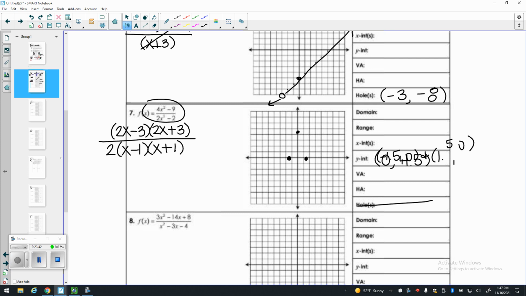Now you have x minus 1 equals 0. When I have x minus 1 equals 0, I would add 1. So I have a vertical asymptote at x equals 1. And then I have x plus 1 equals 0. So my vertical asymptote is at negative 1. I just flipped them around there.